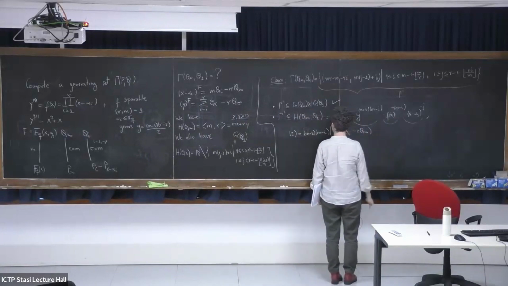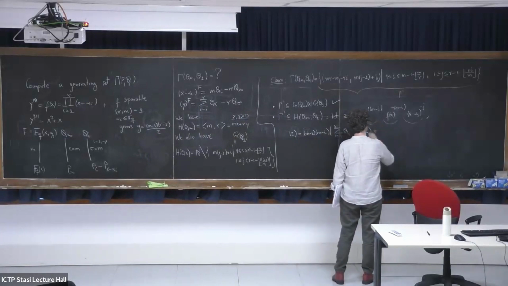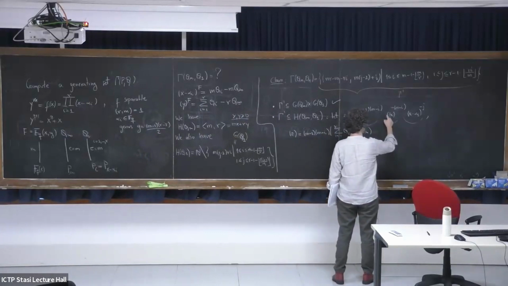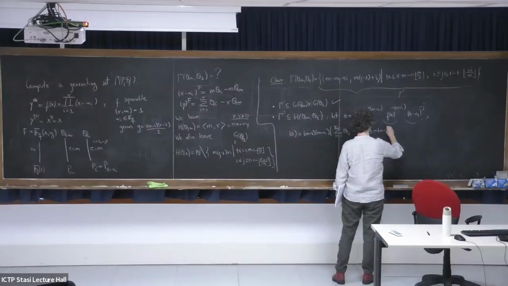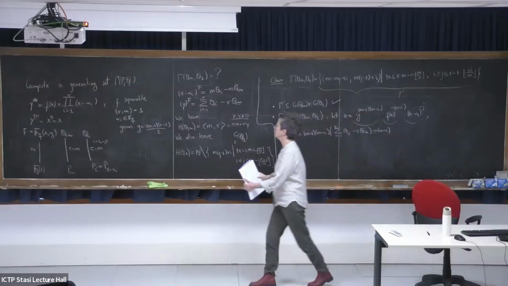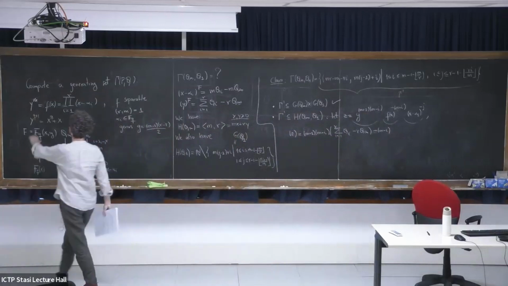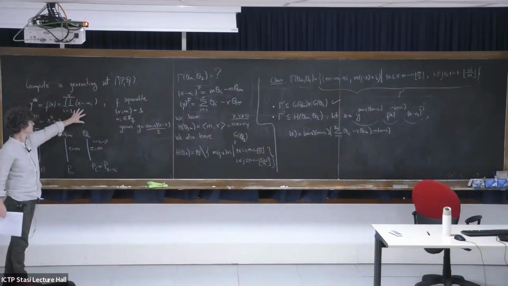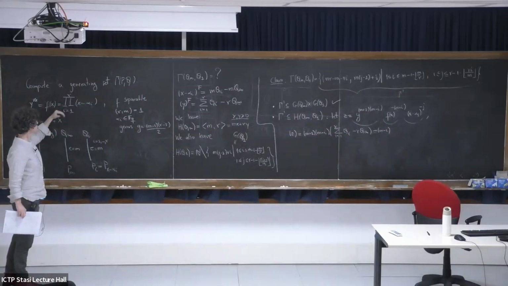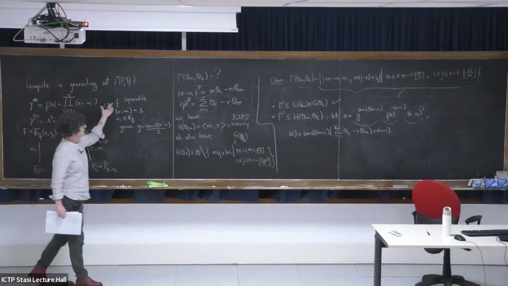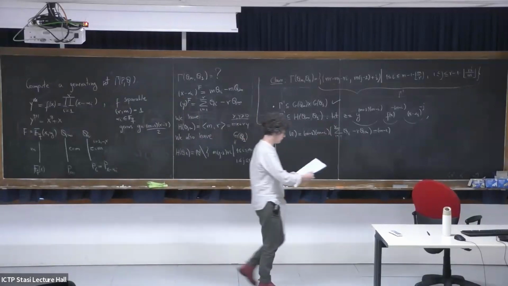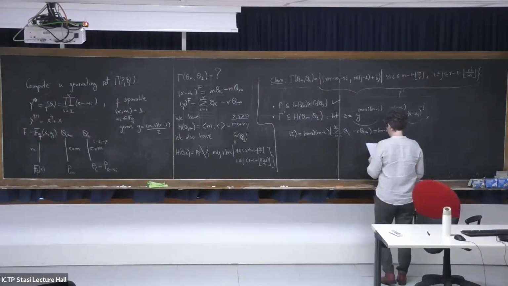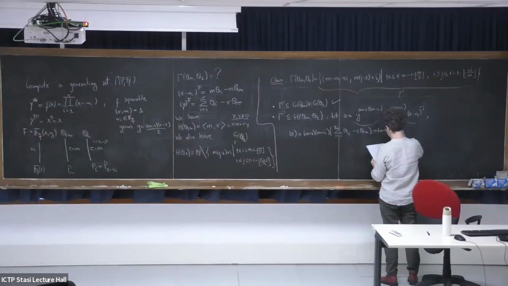Now we need to add this one, which should be the divisor of this function. It's minus (m minus i) times the divisor of f. But who is f? f is the product of all the roots, so the divisor of f is the sum of these divisors, and I have each divisor here.